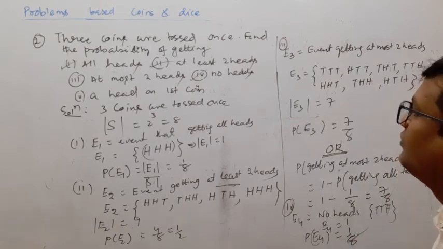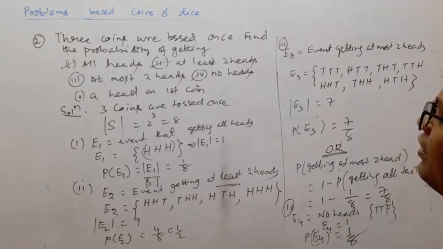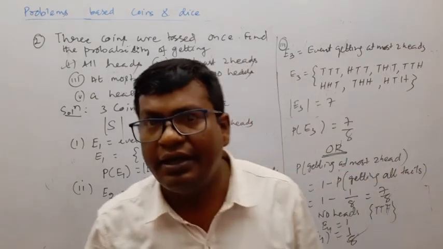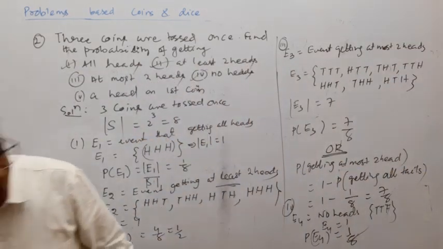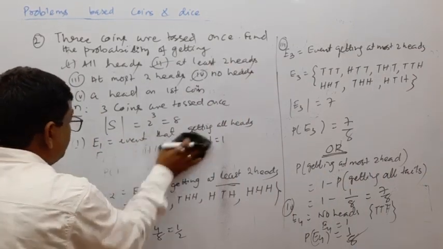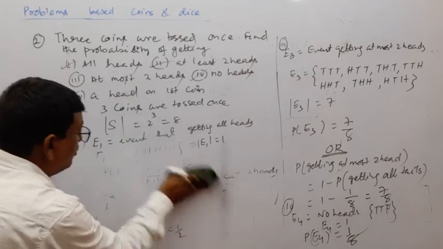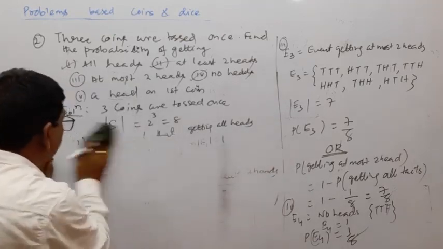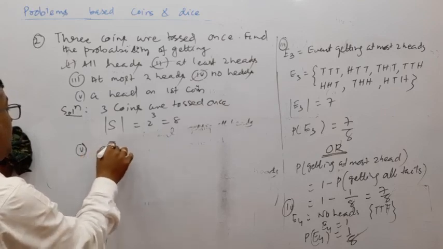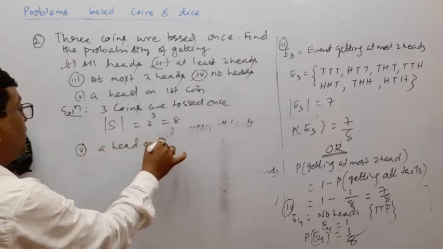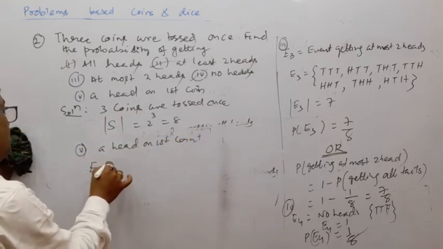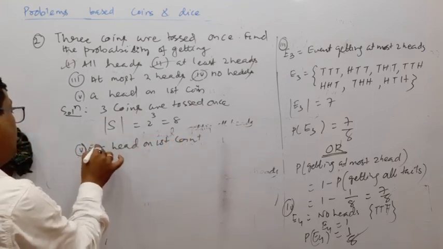Now, for the fifth bit, a head on the first coin. That is E5.